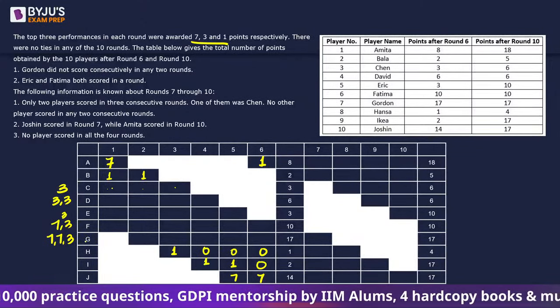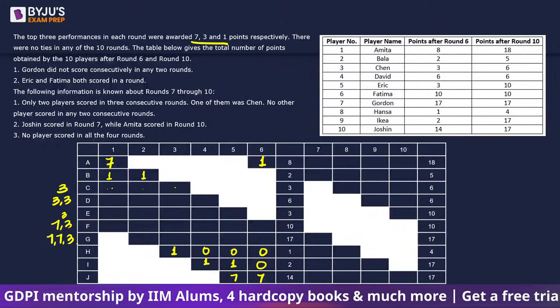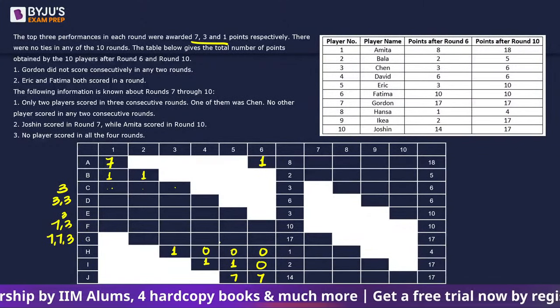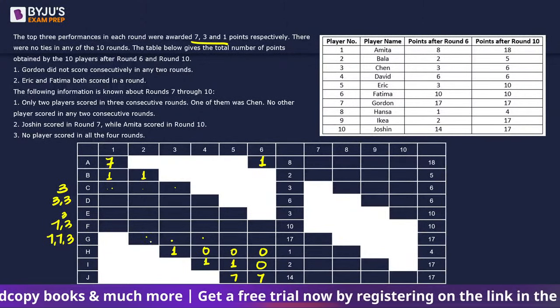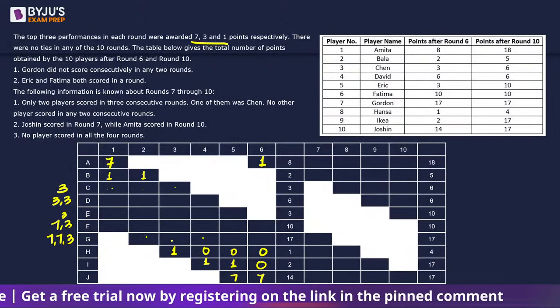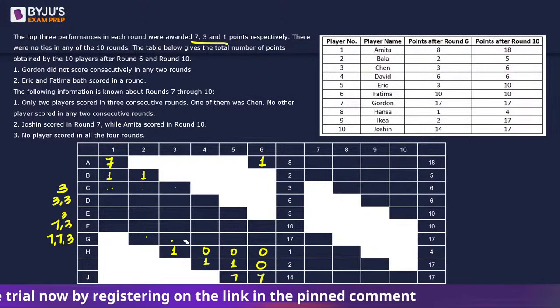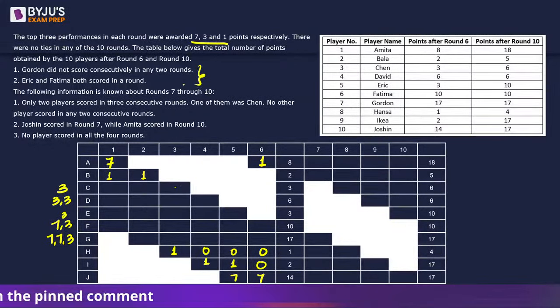So, if you look at G, G needs to put in 2 7s, right? And those 2 7s can come at इनमें से कहीं से. And that 1, 7 and 3 can come from here, 3 can. So there are a lot of ways by which this can happen, right? Now, in order to fill up to 6th round, let's read the statements.